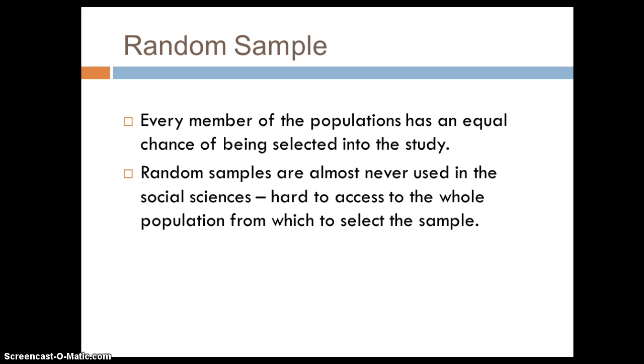Just a side note is that random assignment is what you use in order to have a true experiment. And random assignment happens when you have already selected your sample and then each person in that sample has an equal chance of being assigned to one of the conditions in your experiment, one of the levels of the independent variable.